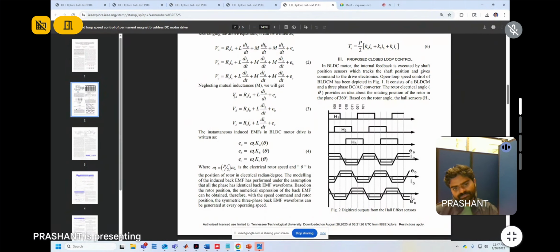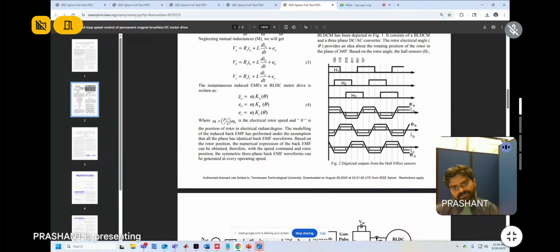This is VA, the voltage across phase A, the stator phase voltage. This is RS Ia, the voltage drop across the stator resistance, then the voltage drop across the stator inductance per phase, and this is the phase back EMF EA. Now, how to relate and write these mathematical equations in Matlab, we will see here.